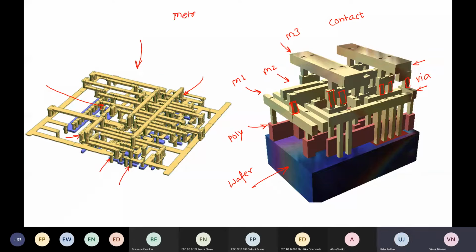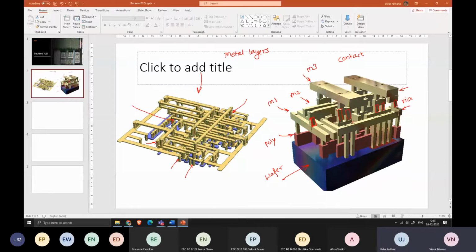Do remember that metal layers. Yes, sir, ma'am, sorry to disturb. Those who have joined through mobile phone, I think they are not able to see the video. Is it so, students? Let me know. Yes, ma'am. Can you see my PPT right now? I tried through mobile phone just now, but they are not able to see the video.